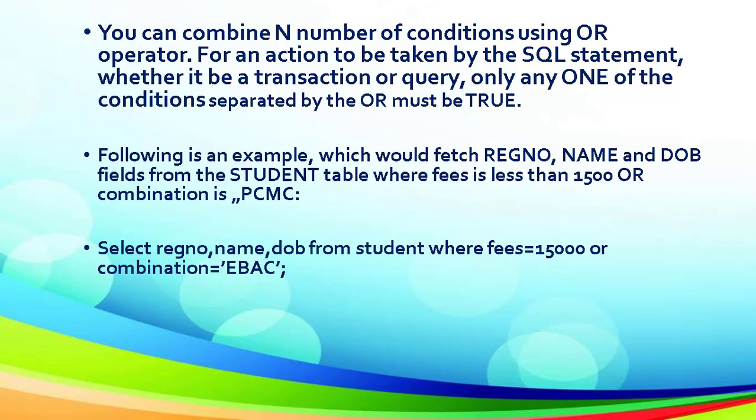So we have studied about the select command today. The select command is used to fetch the data from the database, that is to retrieve the data from the database. Along with the select command, we are using a distinct keyword. The distinct keyword is used in order to eliminate duplicate records from the table, and it will display the unique records.